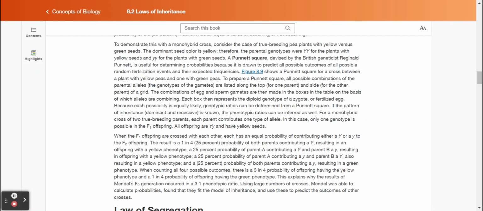Because each possibility is equally likely, genotypic ratios can be determined from a Punnett square. If the pattern of inheritance, dominant and recessive, is known, the phenotypic ratios can be inferred as well. For a monohybrid cross of two true breeding parents, each parent contributes one type of allele. In this case, only one genotype is possible in the F1 offspring. All offspring are capital Y, lowercase y, and have yellow seeds.